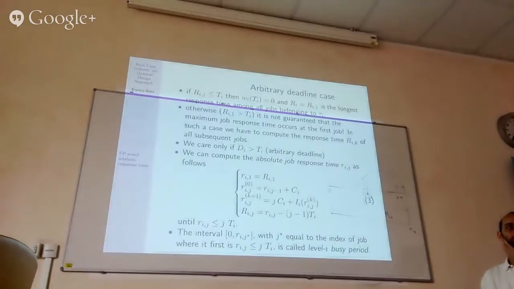So my question was, okay, if you are not schedulable, probably the response time goes to infinity. No, not necessarily. There are cases when the response time is larger than the period, but finite.